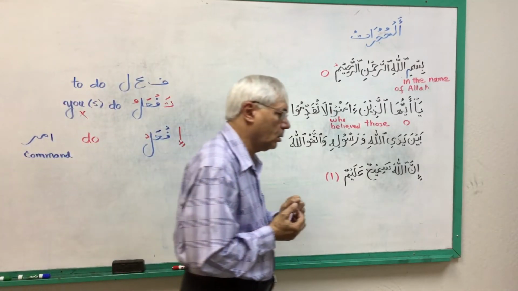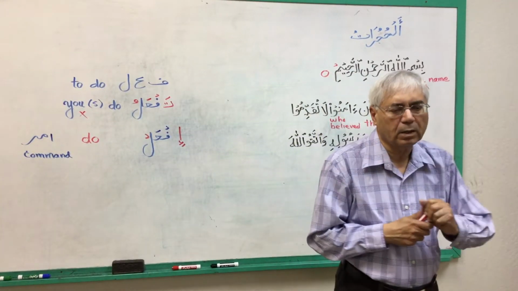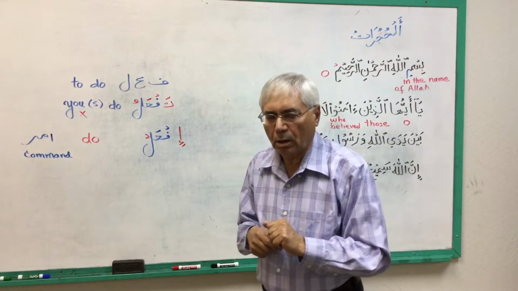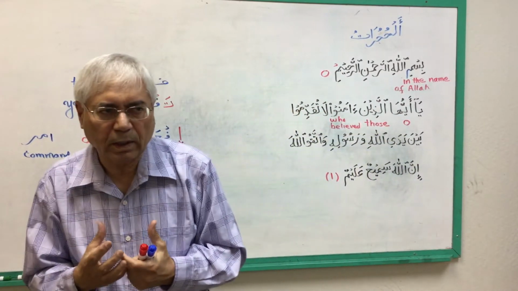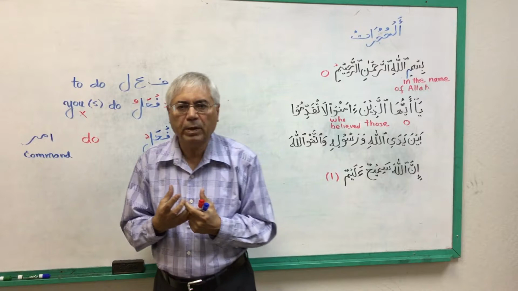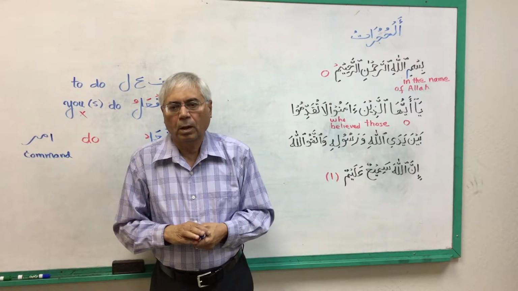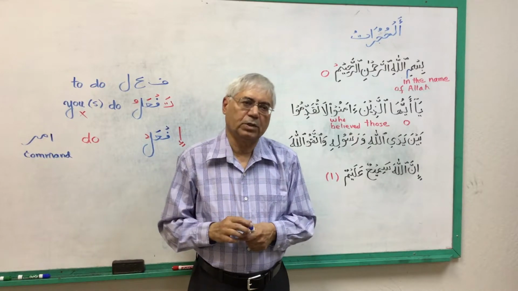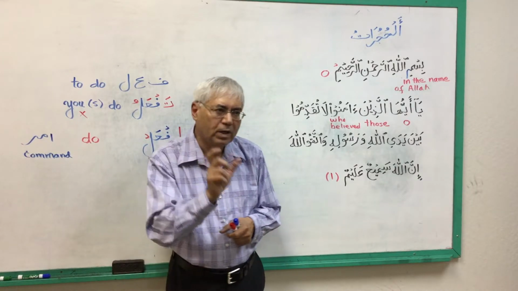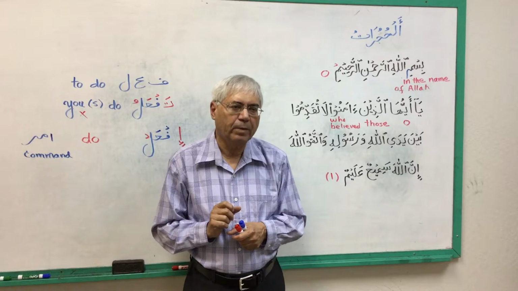Now notice one thing in Arabic, amr is a command. Amr is an order you are giving someone, okay? But it has three branches in it. The word is same, okay?